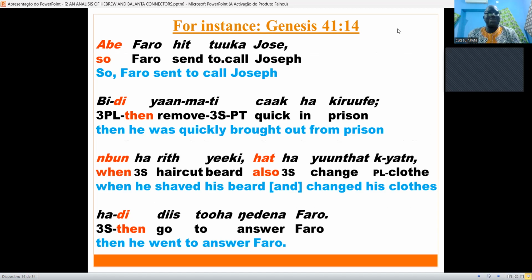For instance, it could have been like this. Abe Pharaoh hituga zuze, bribian matichak agrofi, bon haretne yake, hat hayundot jatn, hadi hadis toa nyarena Pharaoh. So Pharaoh sent to call Joseph. Then he was quickly brought out from prison. When he shaved his beard, also changed his clothes, then he went to answer Pharaoh.